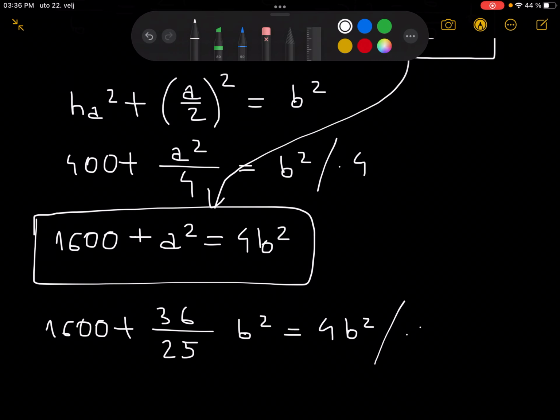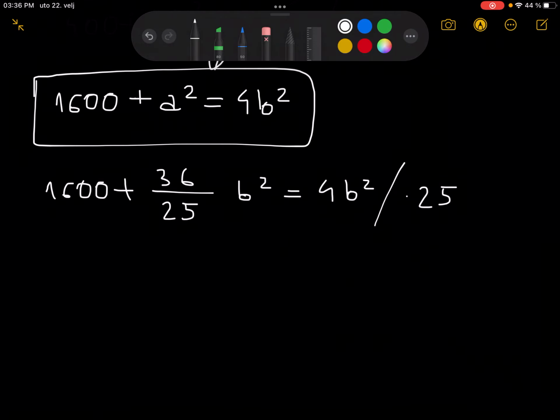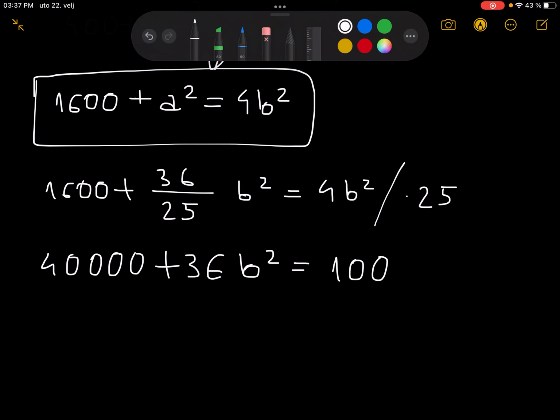Now let's multiply everything by 25, and that will give us 25 times 1600, which is equal to 40,000, plus 36B squared is equal to 100B squared.